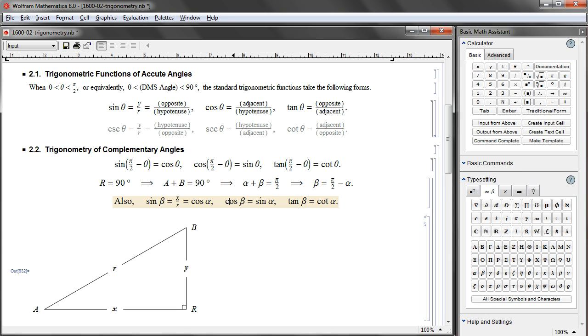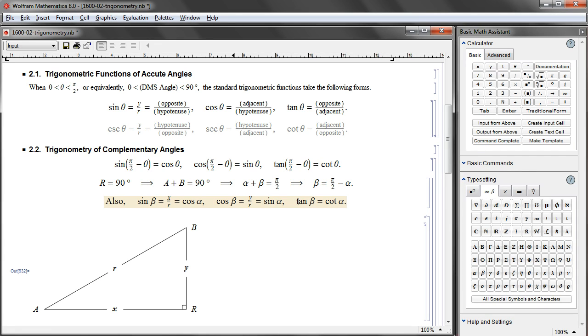Now how about cosine of beta, the top angle? So that's adjacent over hypotenuse. What is adjacent in this case? It's y. Because B is on top, adjacent is actually y. So we have y over r. But then again, if you look from a viewpoint of the point A, angle A, then y is the opposite. So we have sine of alpha.